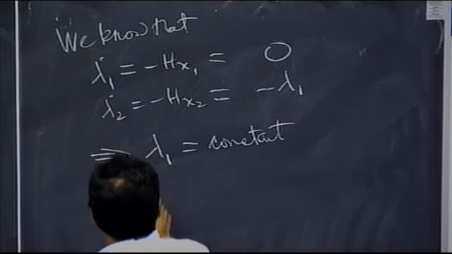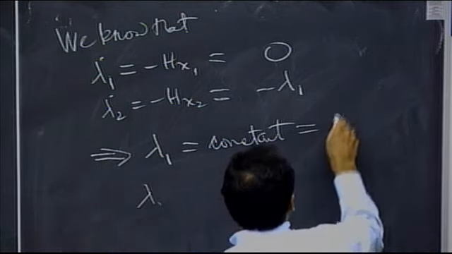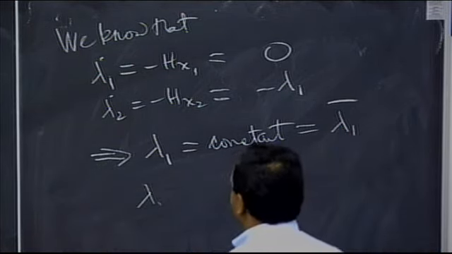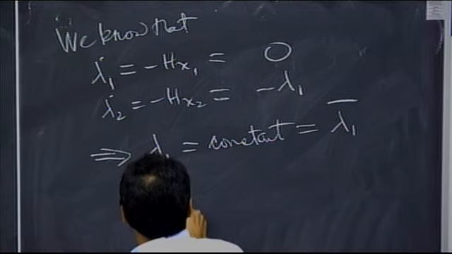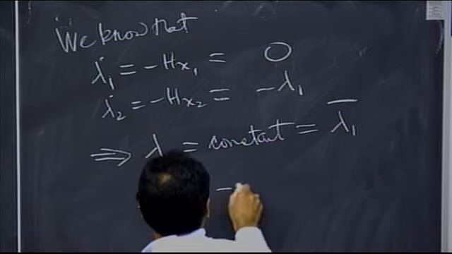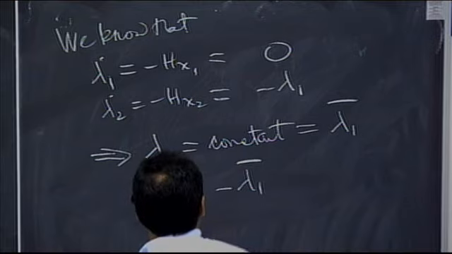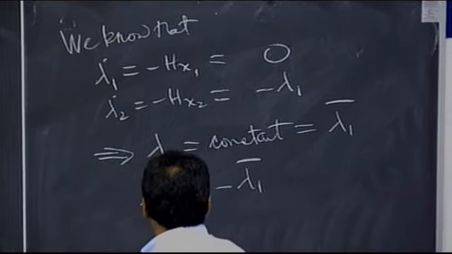Let's call this constant λ1 bar. So λ2 dot is equal to minus λ1 bar. What is λ2 equal to?